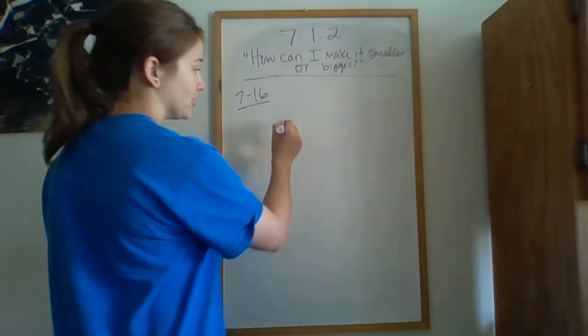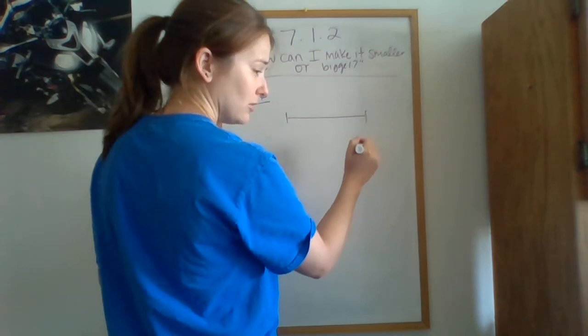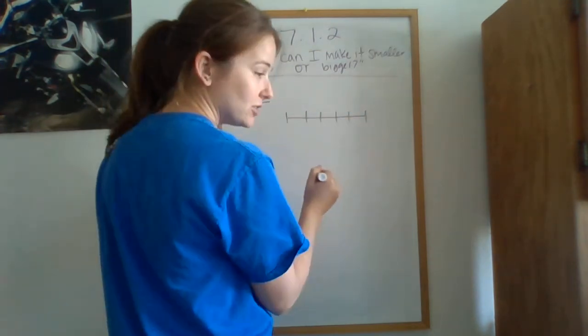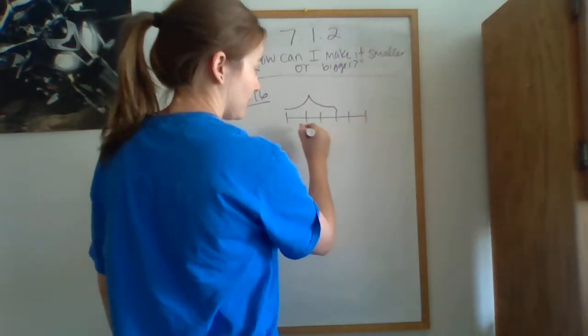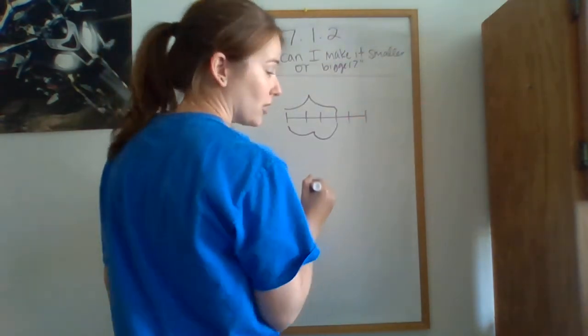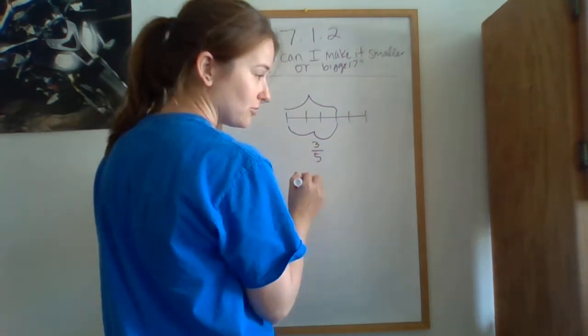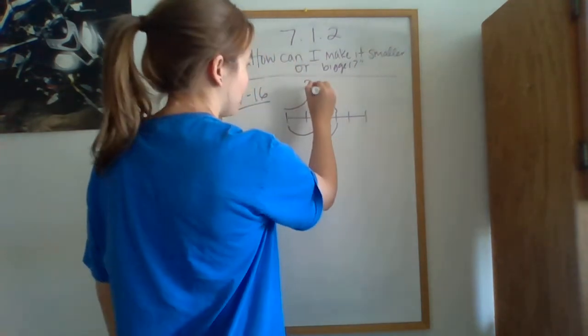So then it shows you this diagram. It's got 1, 2, 3, 4 dashes in it, and then it has like the little thing. Sorry, that looks really weird. And it says 3/5 over 1, 2, 3 of the parts and a question mark.